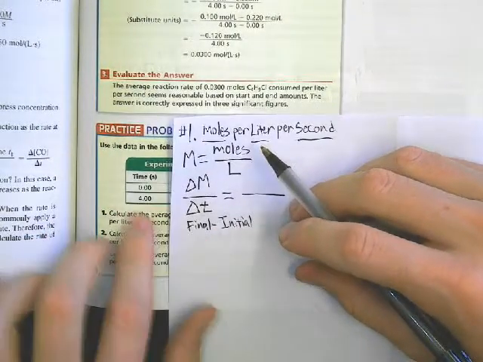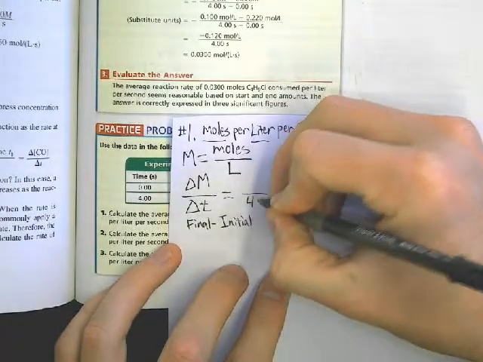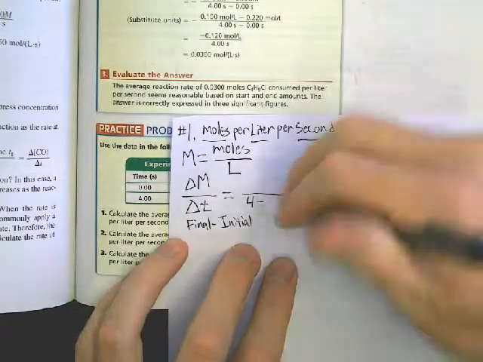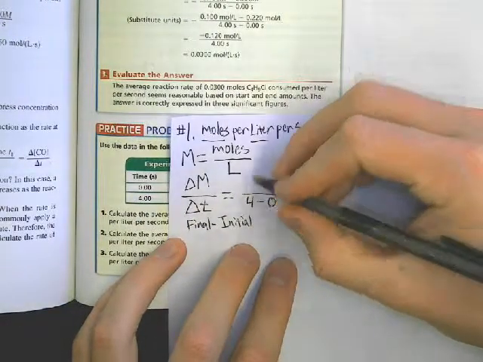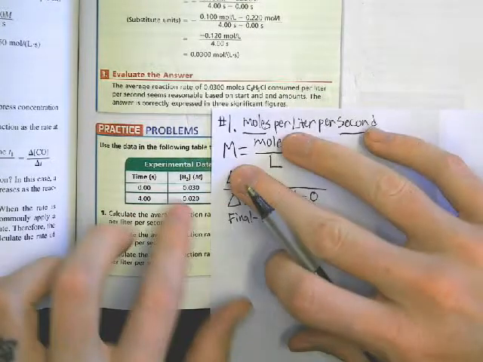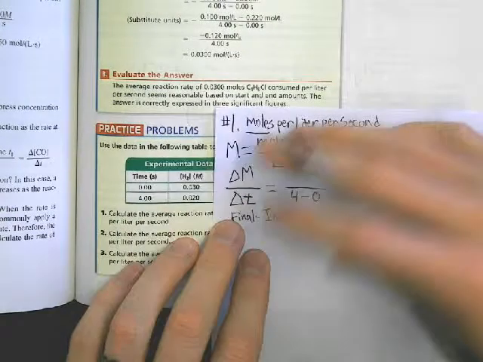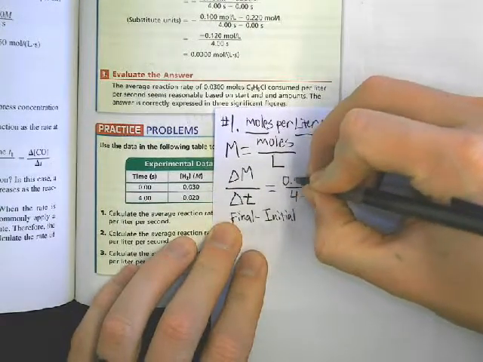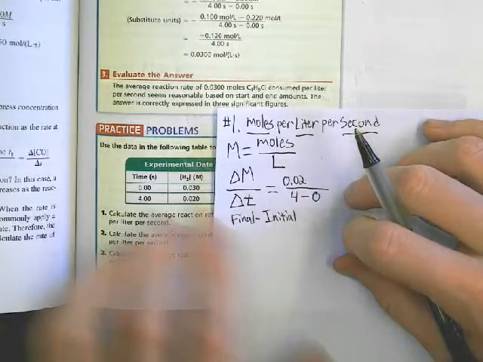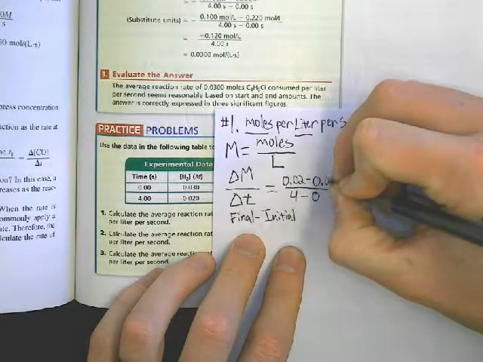If we start with final, right, final was 4 seconds. So we'll go 4 minus, what did we start with? 0. So 4 minus 0 on the bottom. And then on the top, if we're looking at H2, that 4, they ended up with 0.02. Alright, and you started off with, so minus 0.03.